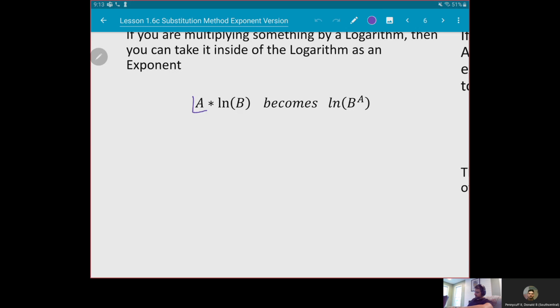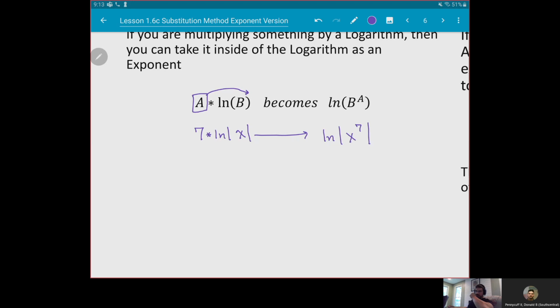If you have a number out front of a logarithm, it can be moved inside as the exponent. So let's say you had 7 times ln of x. That can become ln of x to the 7th.